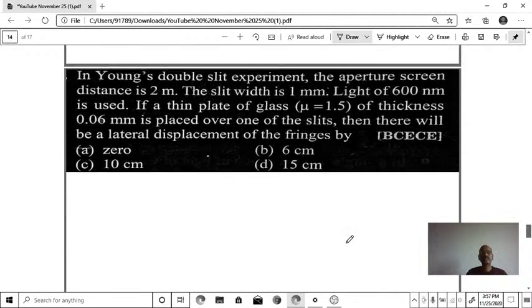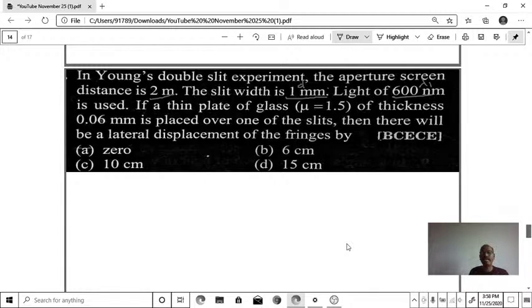In a double slit experiment, the aperture screen distance is 2 meter. The slit width is 1 mm. Slit width means small d. Light of 600 nanometer, lambda 1, is used.